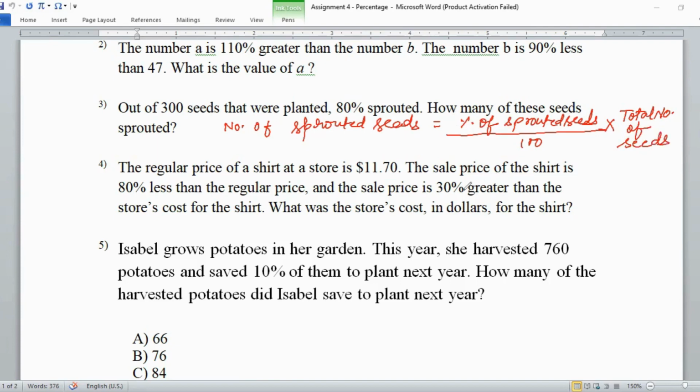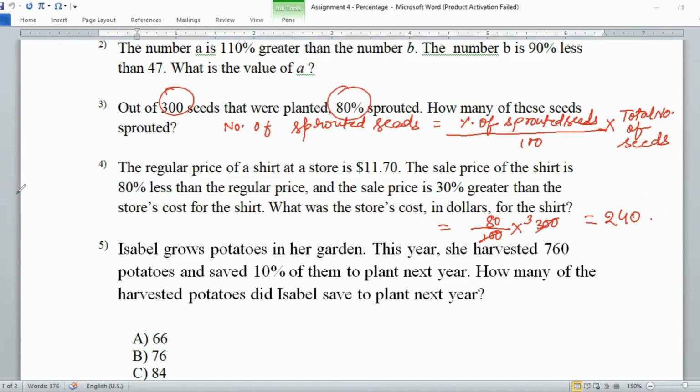This information is given to us. So the percentage of sprouted seeds is 80, 80 by 100, multiplied by the overall seeds, 300. On solving, you will get 240. So there are 240 seeds which sprouted.